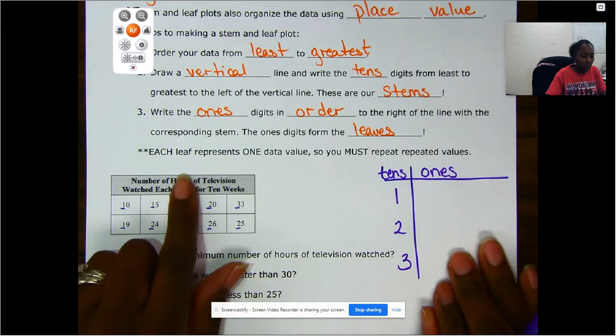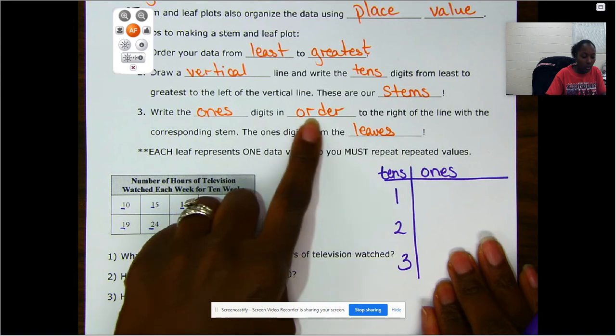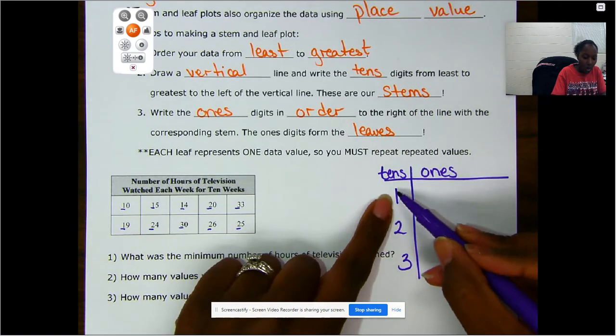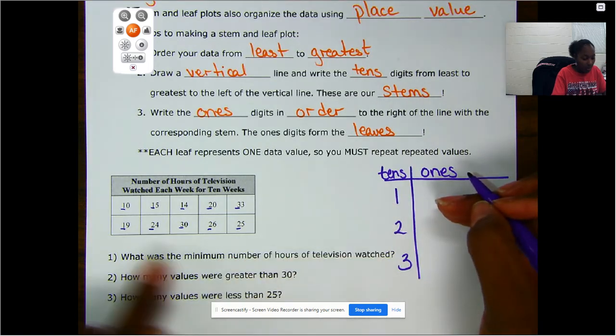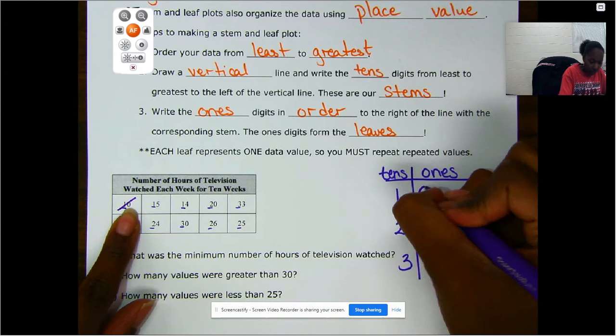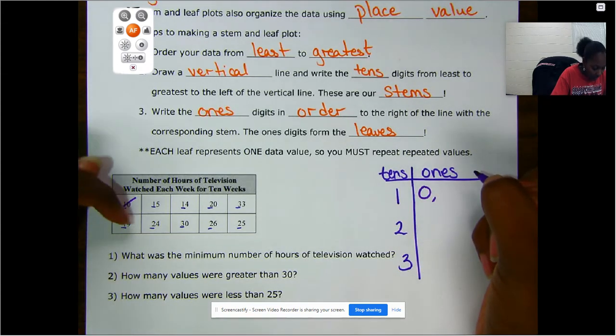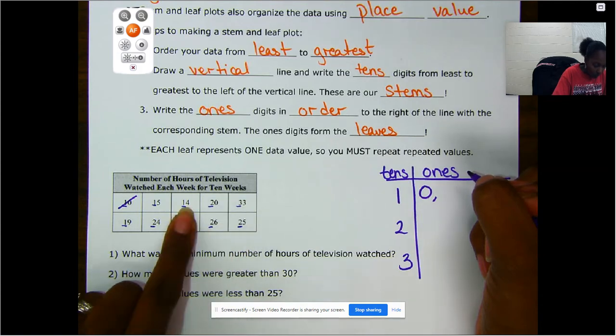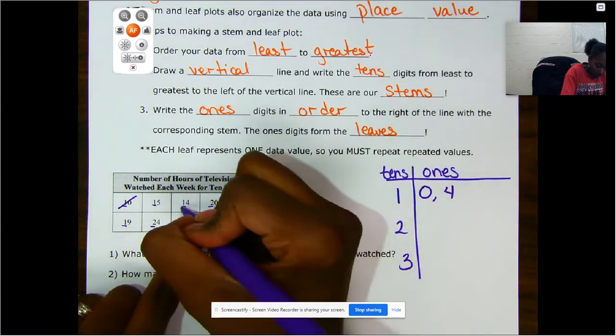Okay, then it said to write the ones in order to the right of that. So how many of these have a 1 in front of it? And try to put it in order, right? So I have a 10, so that has a 0 in the ones position. Let's see, what else I have here? Looks like the next smallest one is a 4. Yep, so I have a 4. Cross that one out.